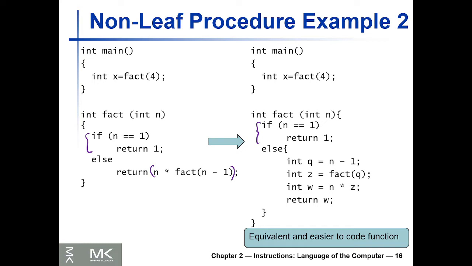So what I have done here is I called n minus 1 q, and so this is q, and I called fact of n minus 1 z. So z is equal to fact of q. Then I called n multiplied by fact of n minus 1, or n times z, w. So w equals n times z. Then I return w.